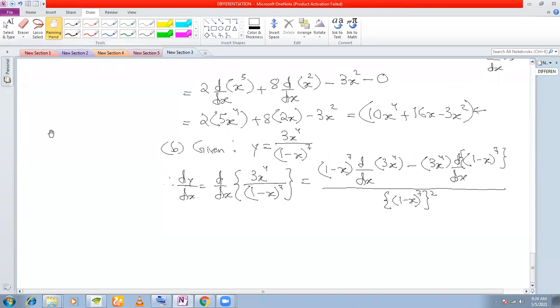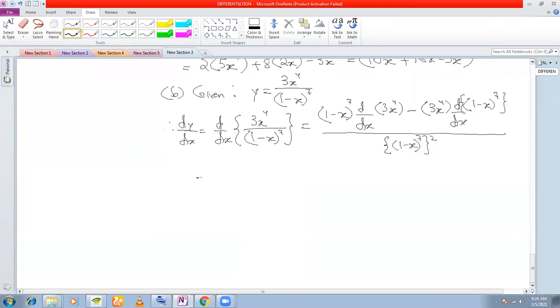Now this is equal to 1 minus x to the power of 7 into d/dx of 3x to the power of 4, take the constant out, 3 becomes 3 d/dx of x to the power of 4, minus 3x to the power of 4.